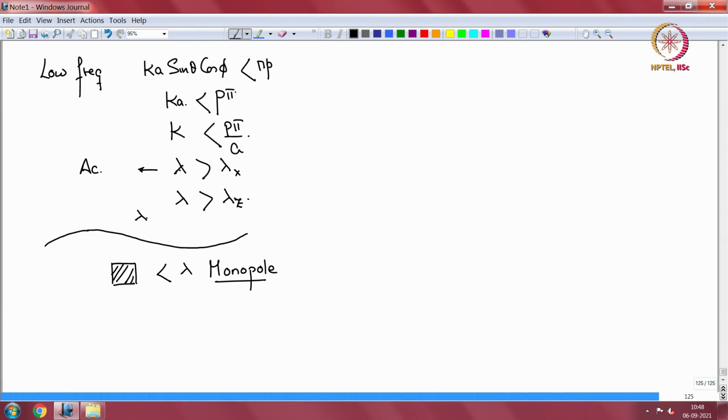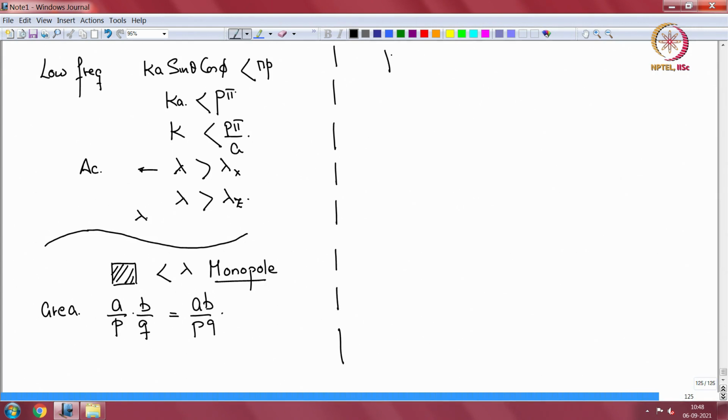Okay. So now what is the area of the single cell? Area is A by P into B by Q, that's AB by PQ. And what is the volume velocity? So we are going to compute intensity from a monopole. Okay.